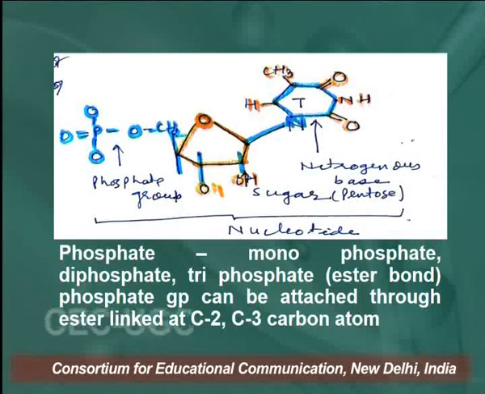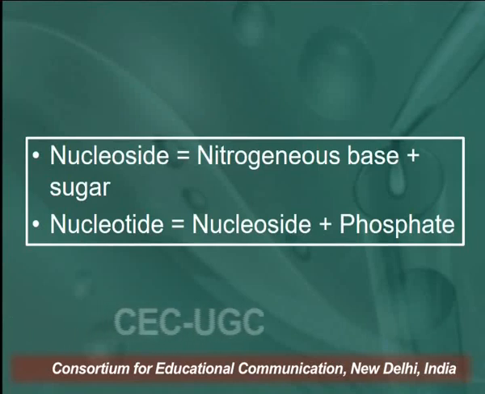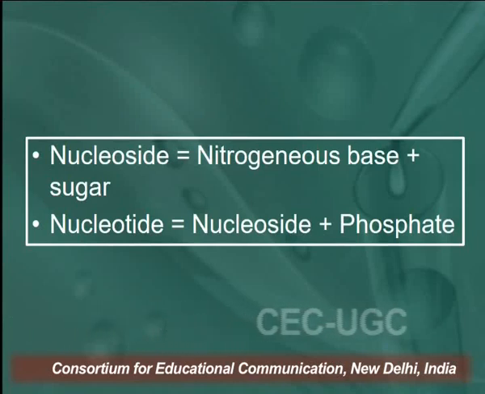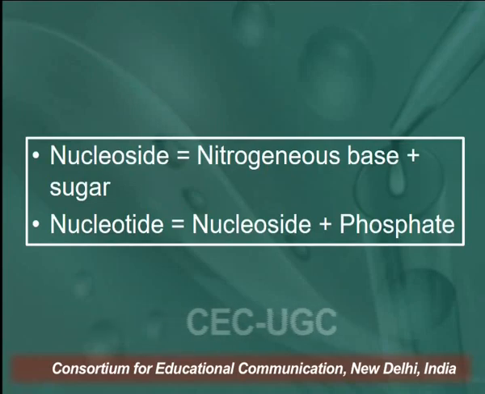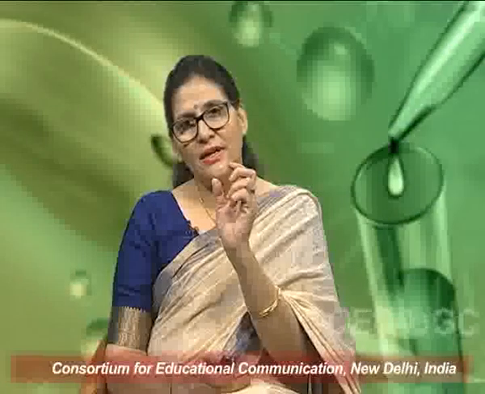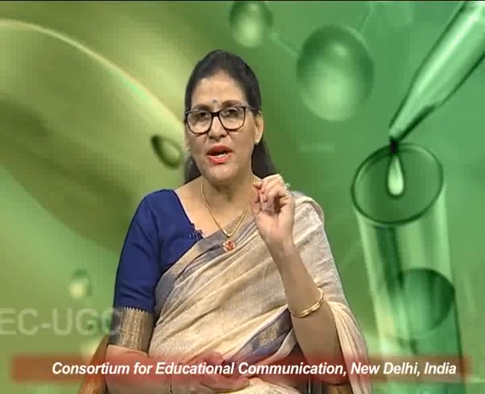So, an ester linkage is involved in phosphorylation of nucleosides. Nucleoside is nitrogenous base plus sugar, and we can represent a nucleotide as nucleoside plus phosphate. The only difference is a phosphate group at the C5 carbon atom.